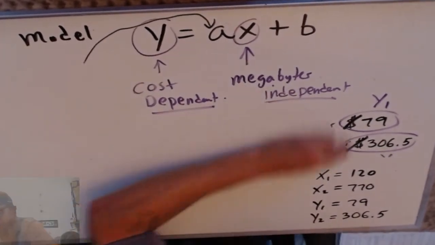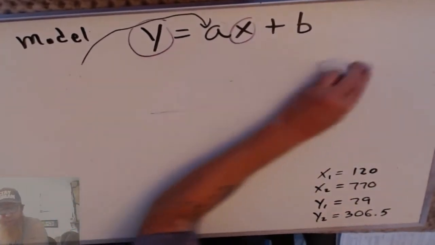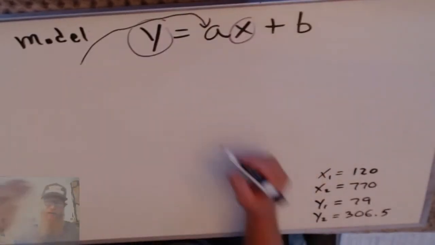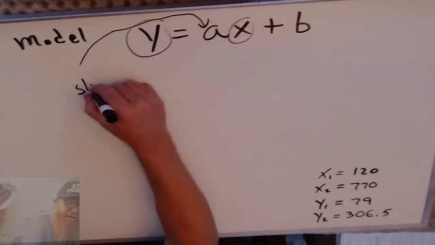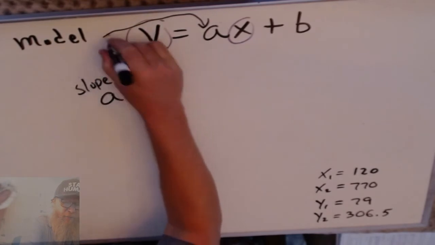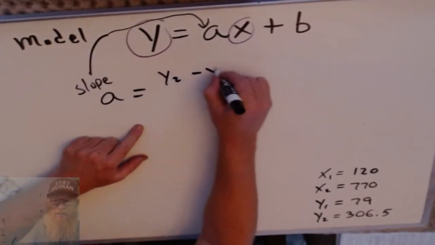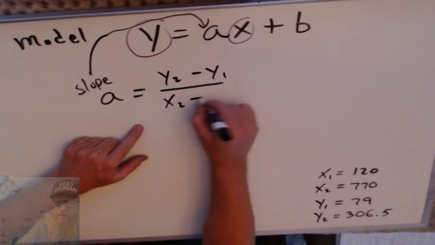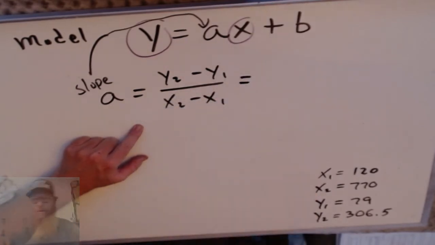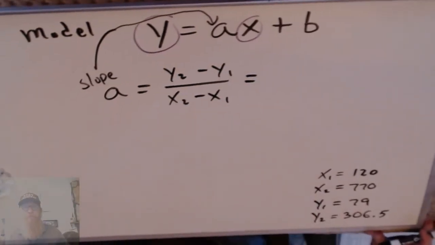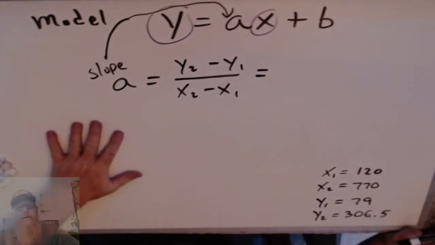Now I can erase all that. And so we're going to find A. A is the slope. That will be Y2 minus Y1 over X2 minus X1. Getting a little blurry here. Come back to me.